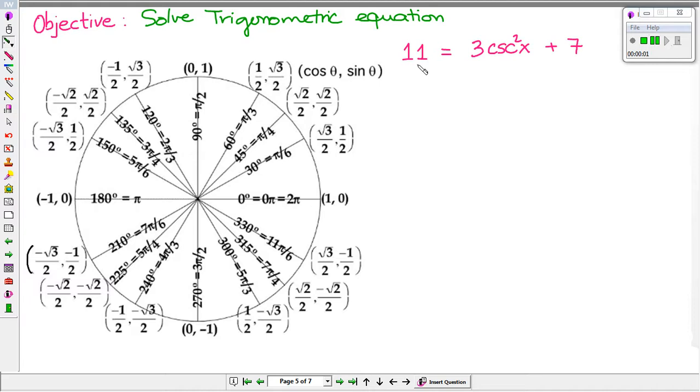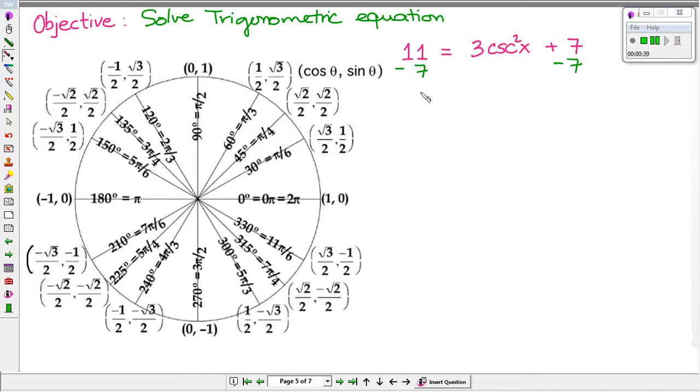Given 11 equals 3 times cosecant squared of x plus 7. Now the first thing we have to do is isolate the cosecant squared of x by itself. So we're going to subtract 7 from the right side and from the left side.